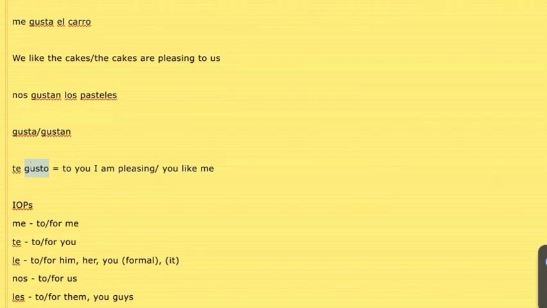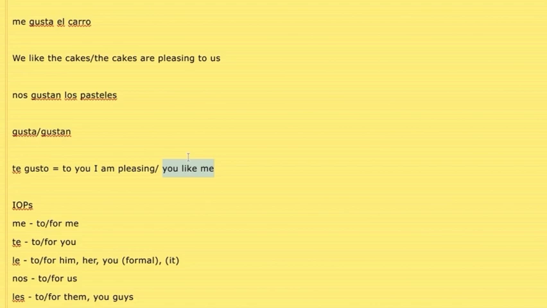It doesn't just have to be with gusta or gustan. The most common, though, are definitely going to be these two. And another thing to note about this is that typically when they say it like this, te gusto, you like me, it typically tends to be in a romantic sense. So if I'm saying te gusto, it's going to probably mean you like me in the sense of, romantically.